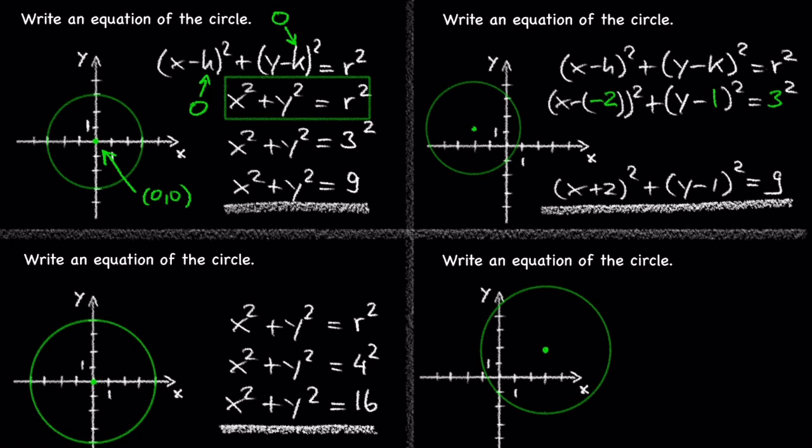Let's look at this last example of these four. Write an equation of this circle. I really encourage you to pause the video and try this on your own. Again, the standard equation for a circle is (x minus h) squared plus (y minus k) squared equals r squared. h is, let's see, 1, 2, 3, and k is 1, 2.